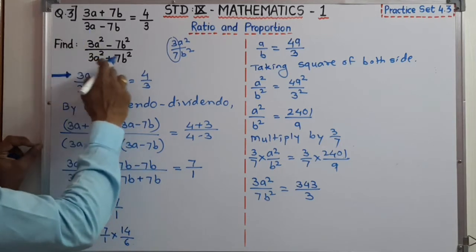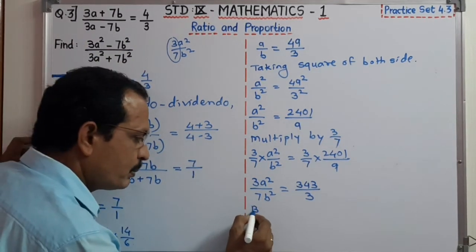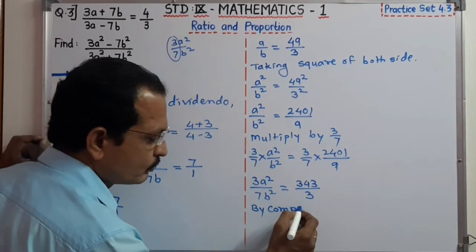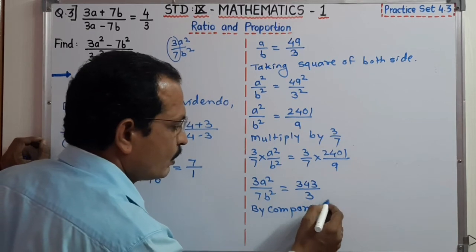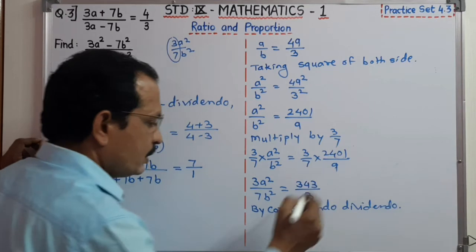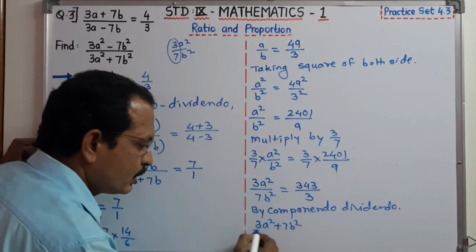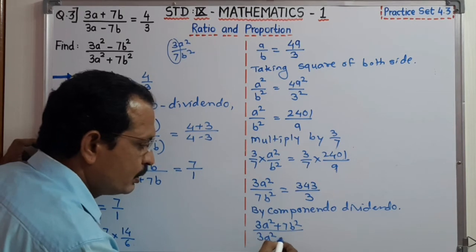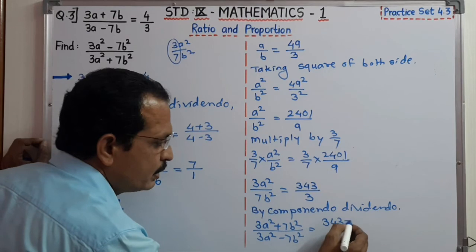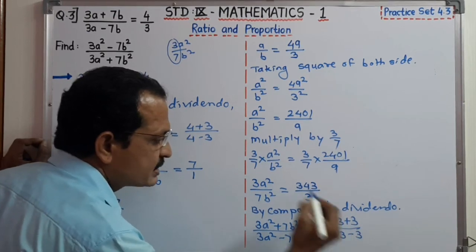Now dear student, we required componendo and dividendo. Therefore by componendo dividendo, (3a square + 7b square) / (3a square - 7b square) is equal to (343 + 3) / (343 - 3).